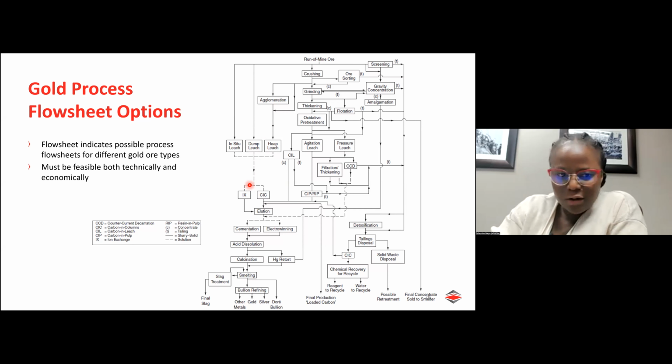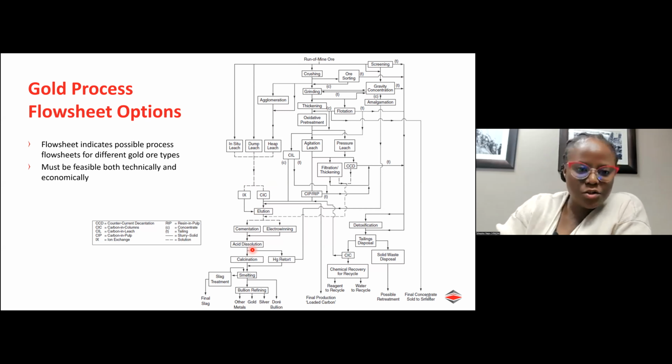From there, you can go to an elution circuit. Then you have the option to take your high-grade solution either to a cementation process, or to electrowin your dissolved gold, and then take that through to your calcining and smelting stages to attain your bullion.